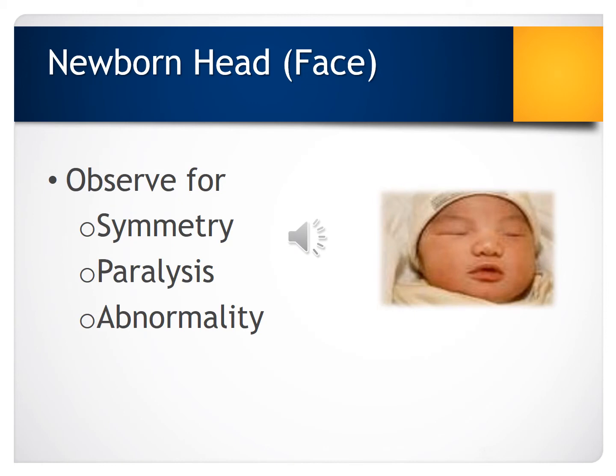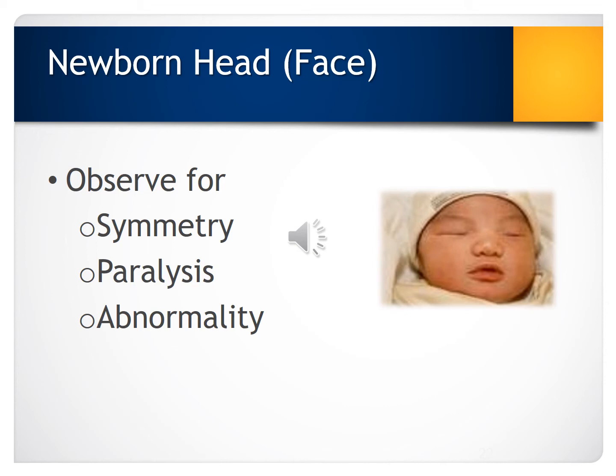So again, this assessment starts head to toe, after getting the heart rate and respiratory rate. We want to start with the face and the head, observing the neonatal face for symmetry.